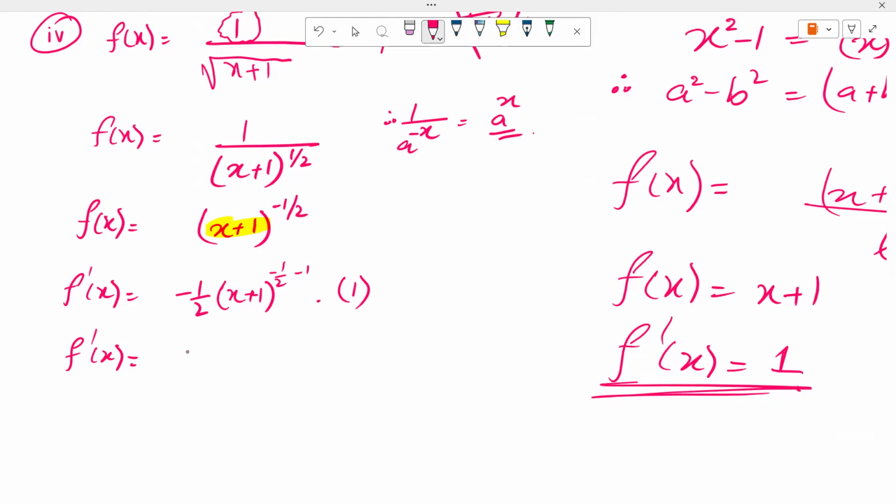Be very careful of this chain rule. Minus half minus 1 equals minus 3 over 2. This would be the answer.